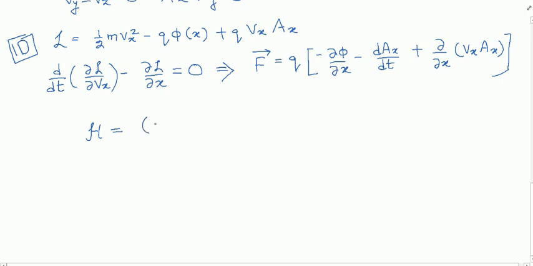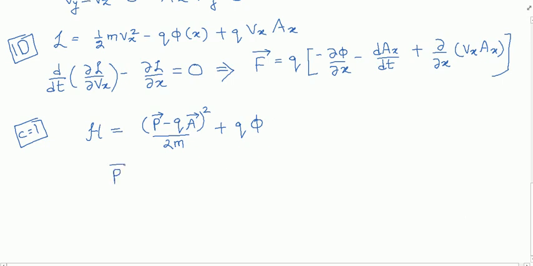You will have P, I'm writing it in 3D, P minus QA whole square divided by 2m. Remember, I set c as 1. Okay, so this is one part, and then you'll get plus Q phi. This is your Hamiltonian. Now the question is, what is P?